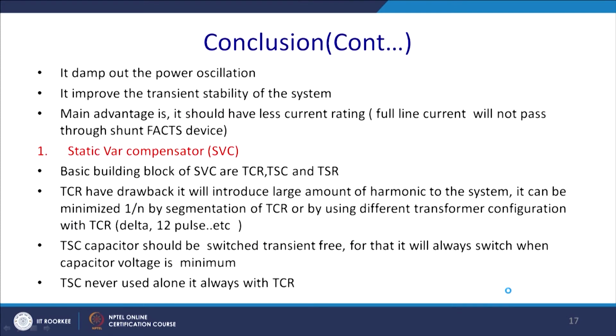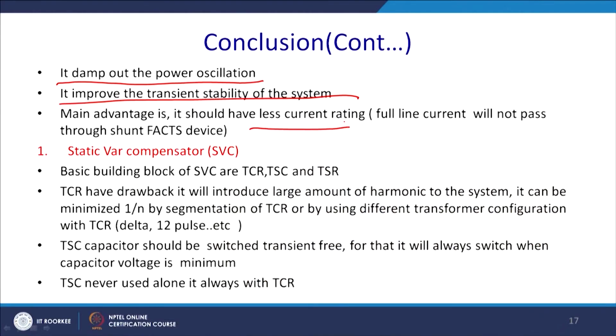It also damps out the power oscillation. We have seen while discussing the shunt, from the equal area criterion, that it increases the stability as well as damps out the oscillation. It improves the transient stability of the system.